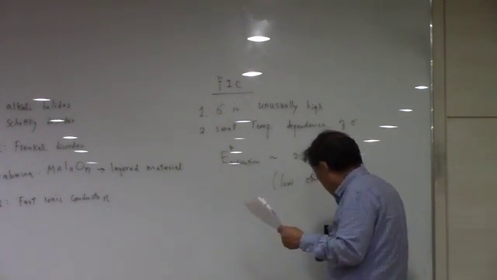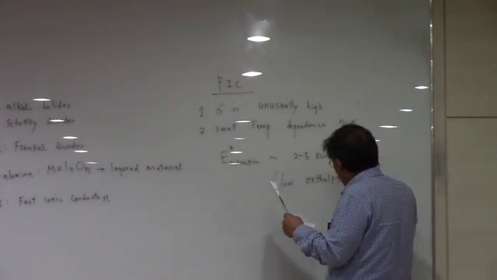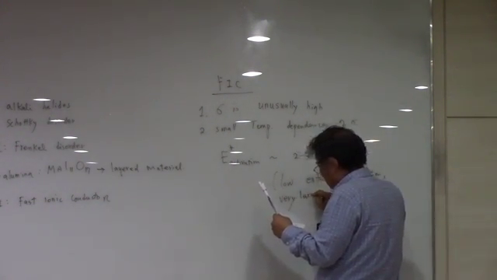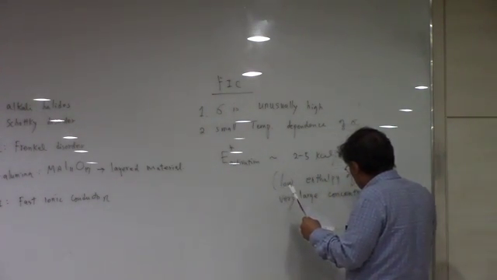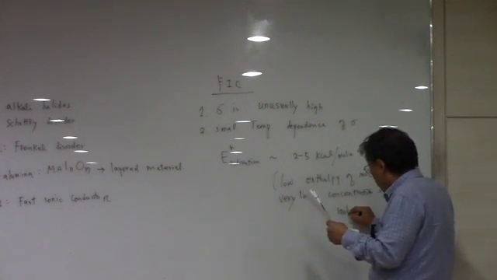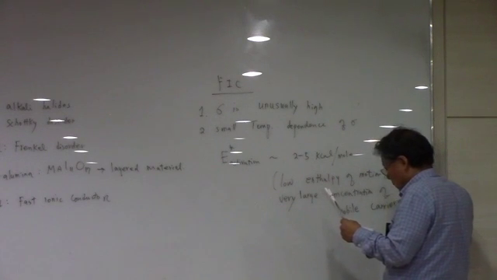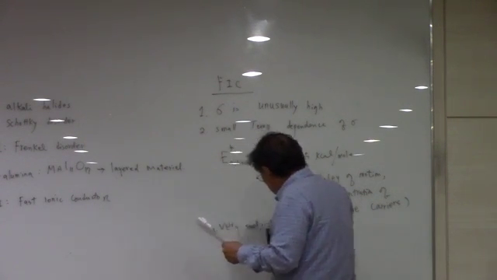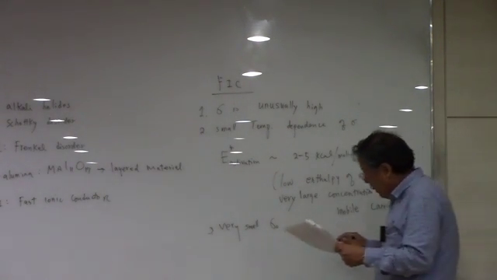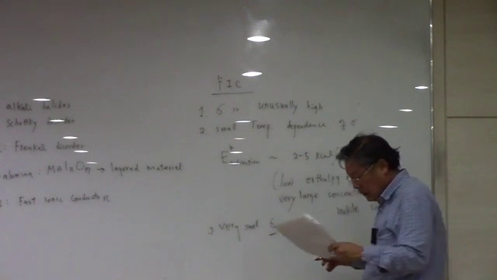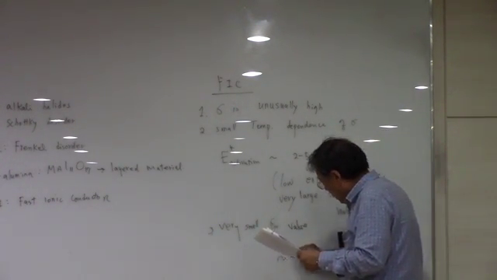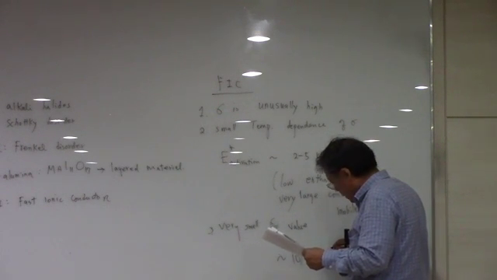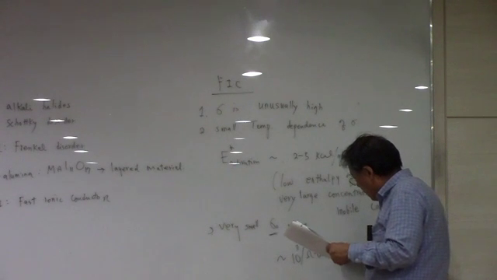Then low entropy of motion, very large concentration of mobile carriers, and very small sigma naught values, which is related to the vibration frequencies, and that is 10 to the 3 ohm centimeter.